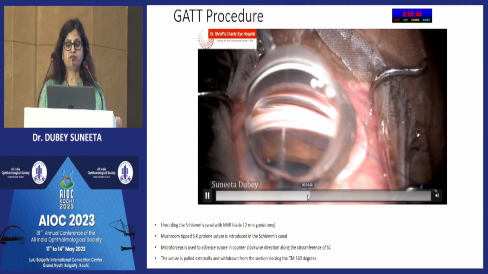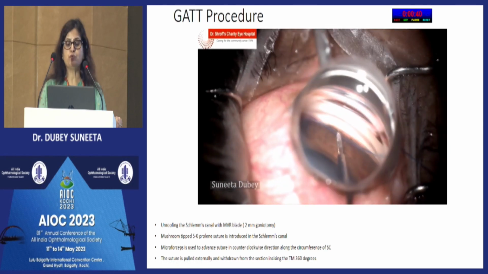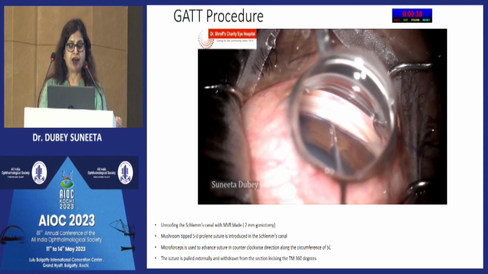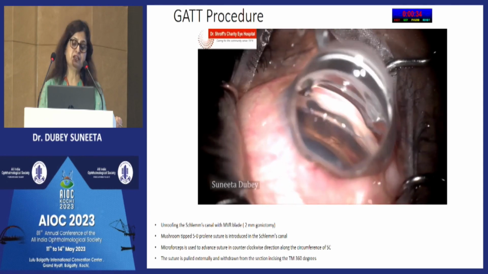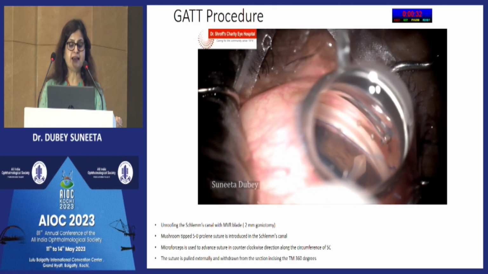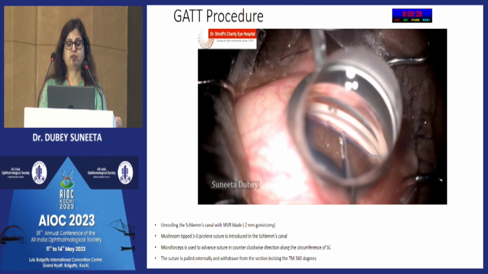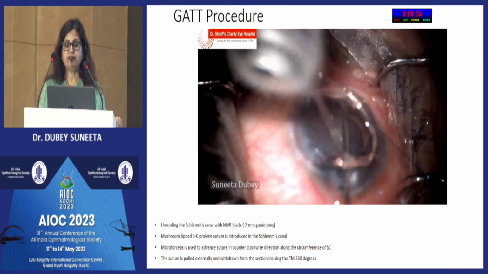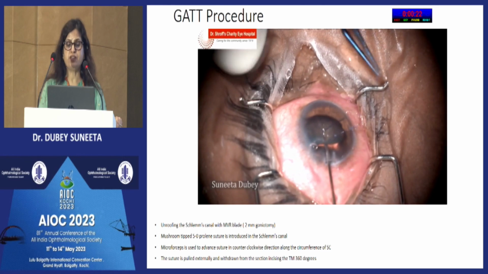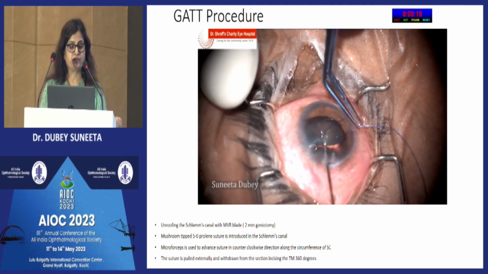Once you have done the goniotomy, you should use this mushroom-tipped proline suture and advance it in a counterclockwise direction along the circumference of Schlemm's canal, and you should not feel any resistance. Because if you're feeling resistance, then you may not be in the Schlemm's canal. You just pull it on the other side so as to incise the trabecular meshwork 360 degrees.